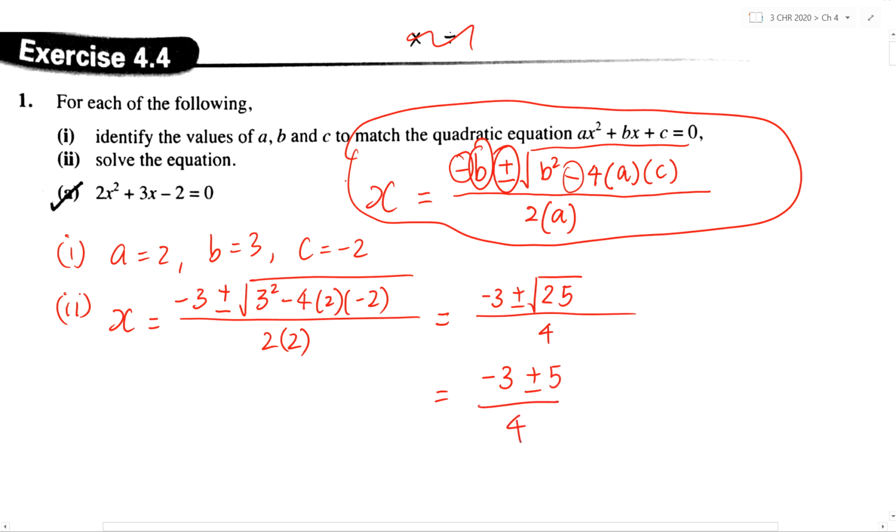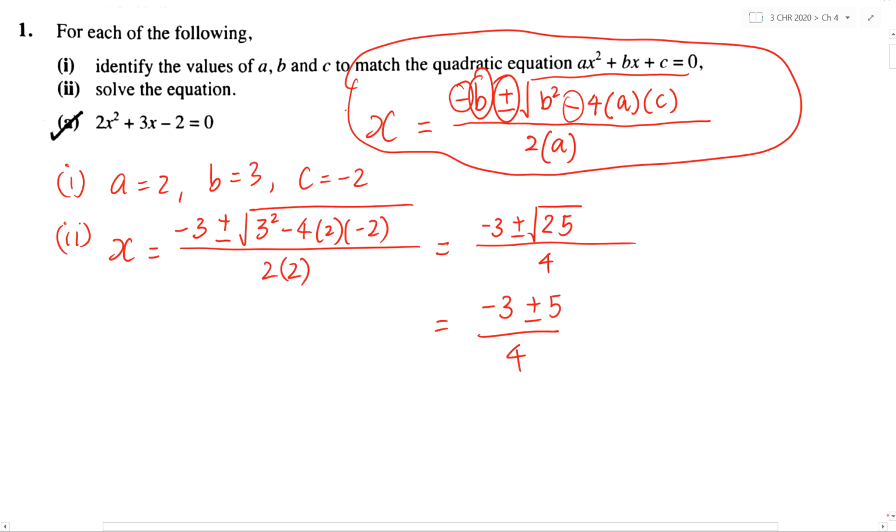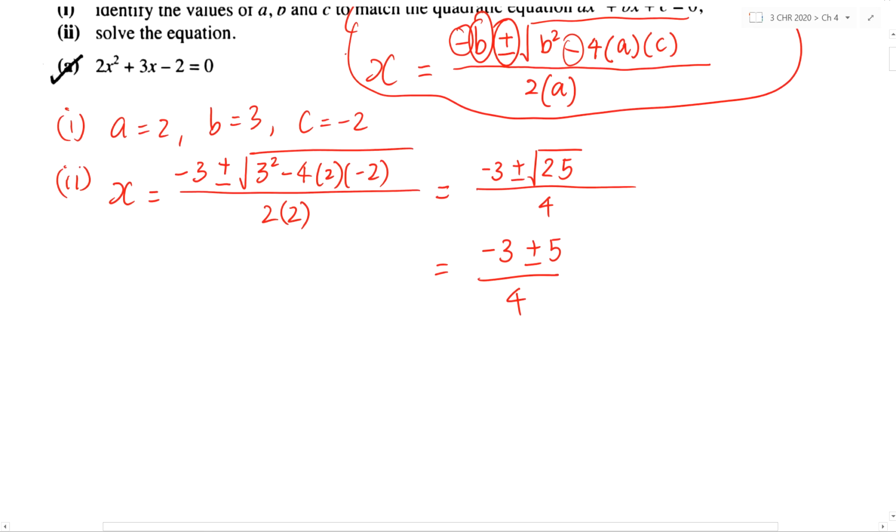Now, what does the plus minus mean again? It tells us that we have two options. You can either choose plus or you can choose minus. Okay, so here I will break it down for you. Minus 3 plus 5 over 4, or minus 3 minus 5 over 4.